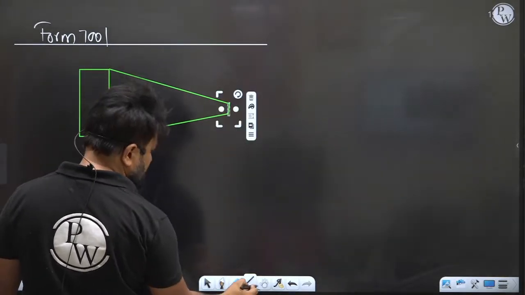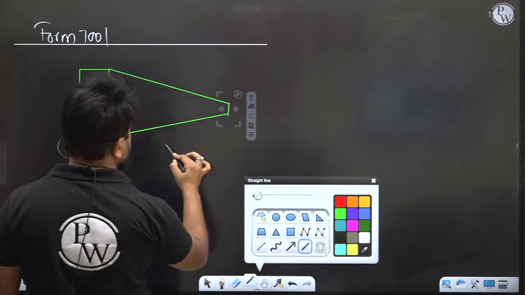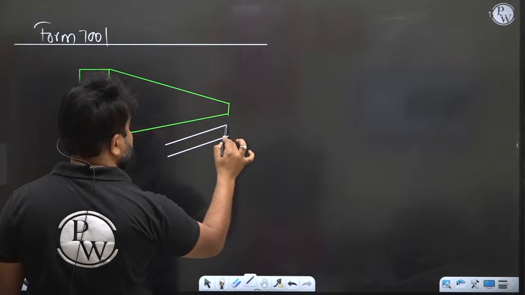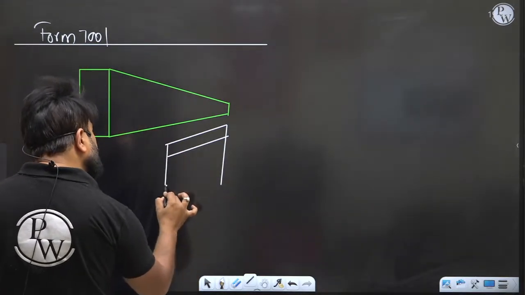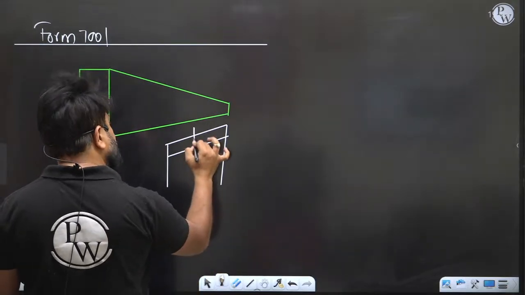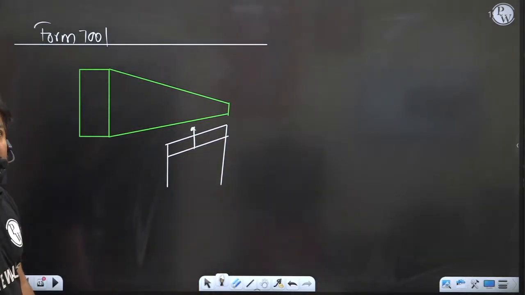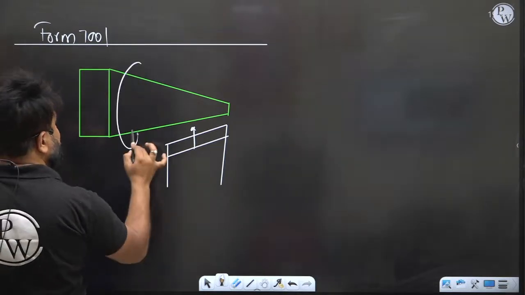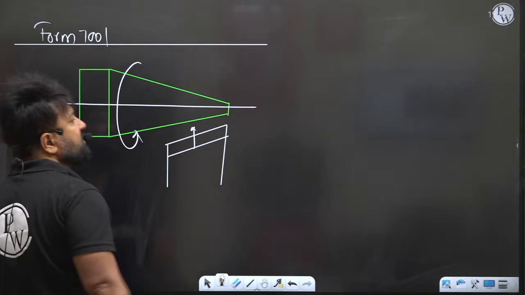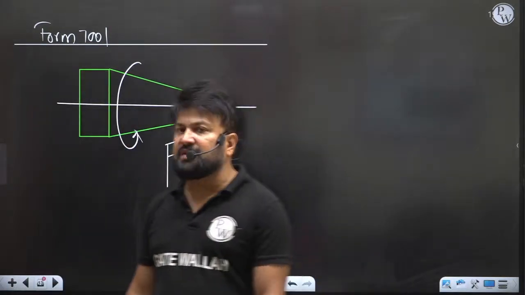Here the tool will be like this. Whatever the tool taperness, this tool comes in contact with the workpiece. The workpiece is rotating about its axis, and it will produce a taper surface, but it has some limitation.